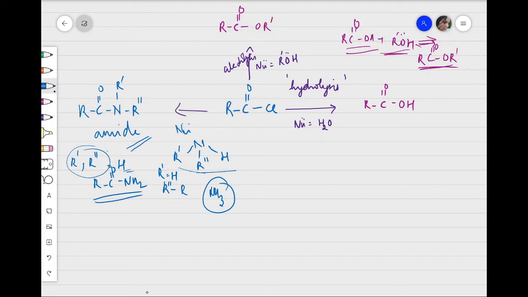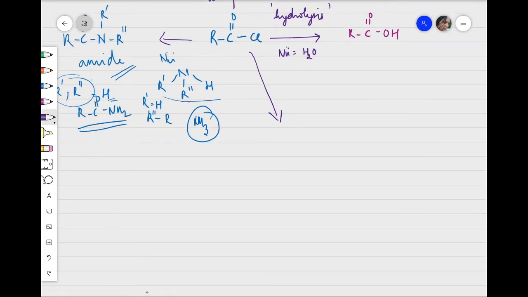The next set of reactions that we have to discuss is when this is converted to acid anhydrides. RC double bond O, then I have O, C double bond O, R dash.